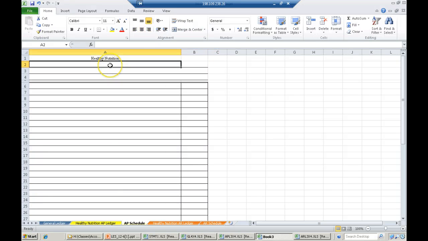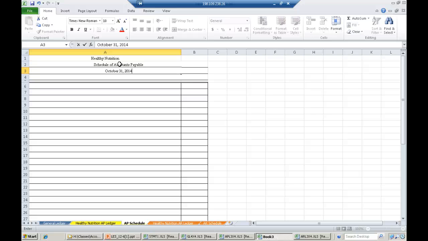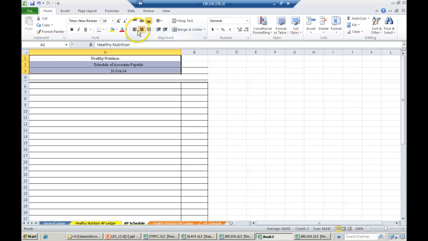If we come down to the next line here, let's put Schedule of Accounts Payable. And then finally we're going to put the date of October 31st, 2014. Now I do want to make sure that these are all centered and nice and neat.